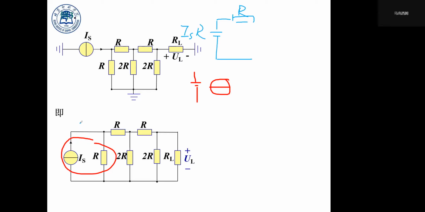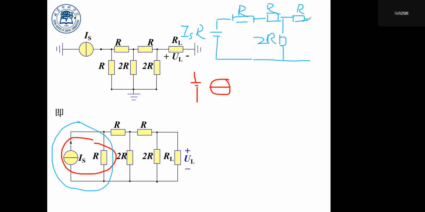So these two branches are equal to this one, with negative R here, one R here, two R here, two R here, and R here.